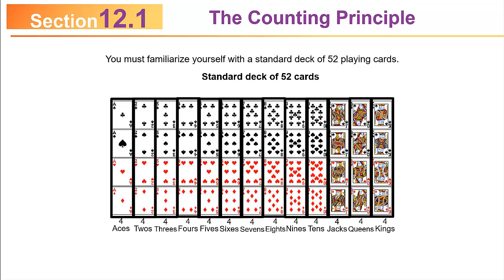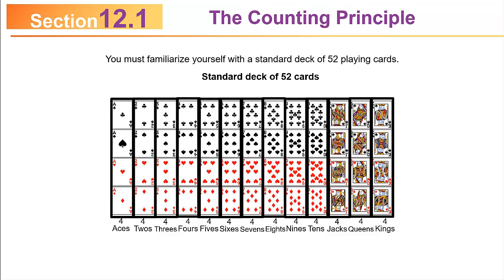There are also different denominations, and starting from left to right, the cards with A on them are called aces, and in some sense you can think of those as ones. Then you have twos, threes, fours, fives, sixes, sevens, eights, nines, tens, and then the face cards, jacks, queens, and kings.